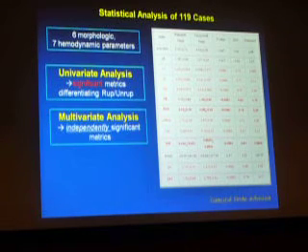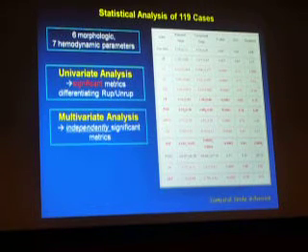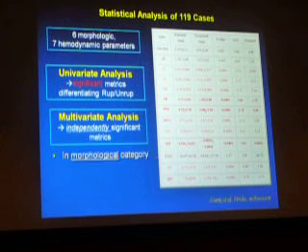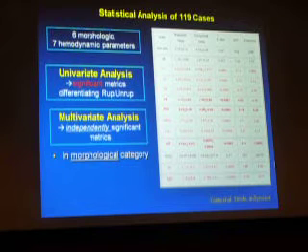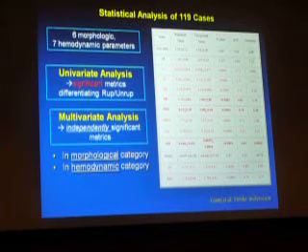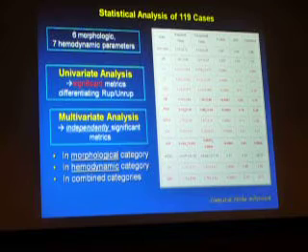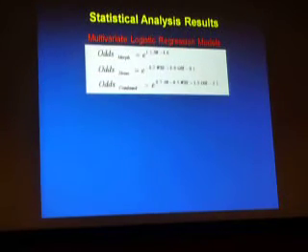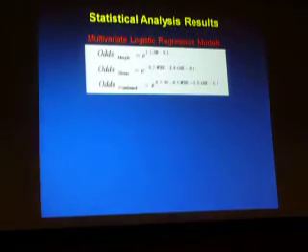Then in the multivariate analysis, we can take care of any interdependence. So we found independently significant metrics. We evaluated the multivariate analysis in just the morphological group, just the hemodynamics group, and combined. So we have 3 models. In the morphology group, only size ratio is important.